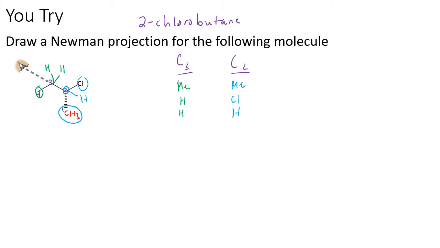So when we prioritize these, the largest, bulkiest groups here are methyl, just that CH3 group. The next biggest one would be chloro, and then the smallest would be the hydrogen atom. So let's show our staggered and our eclipsed conformations, our most stable and our least stable.